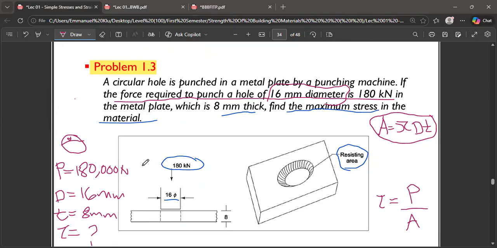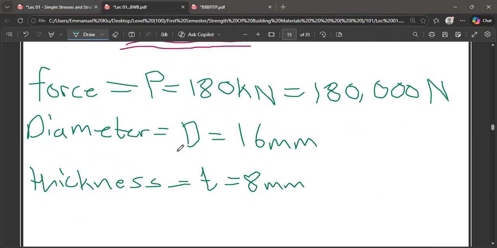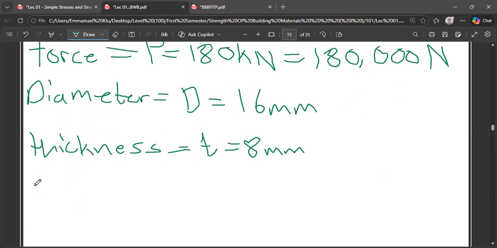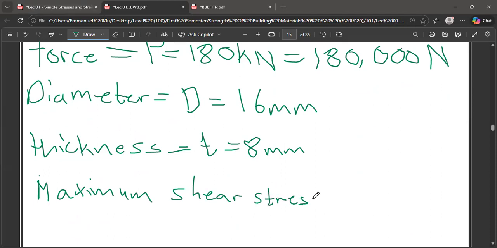So the maximum shear stress is equal to tau, which is unknown, so I put a question mark.